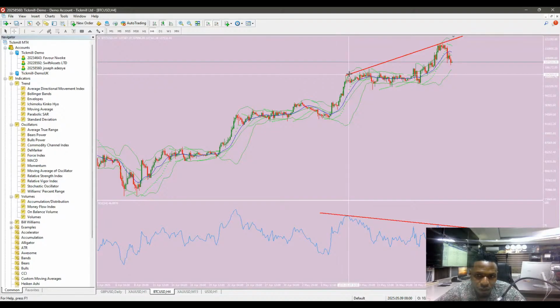It won't. It will be ranging, ranging, ranging. Maybe there may be another candle here that may wick up and close down, and candles will continue to fill it up. At that point in time, you'll be seeing divergence. So this is a typical example of divergence here.